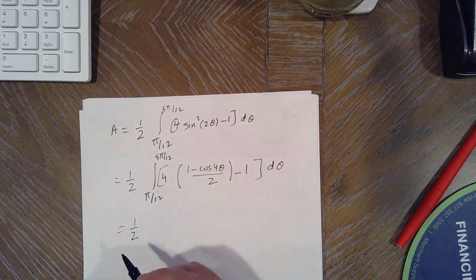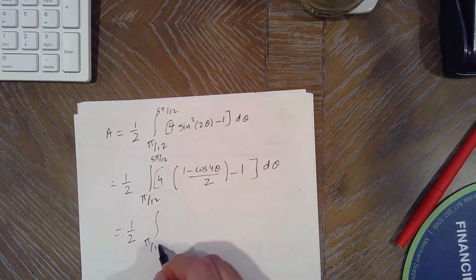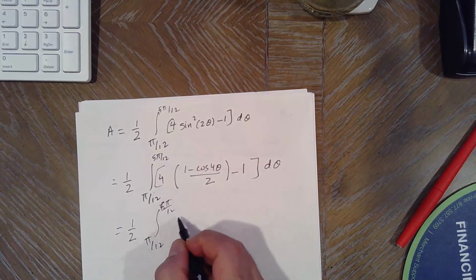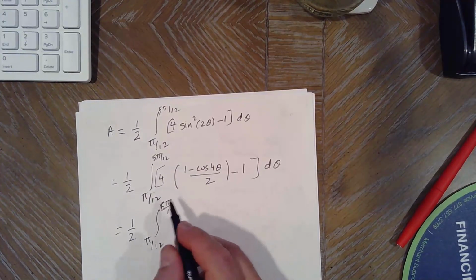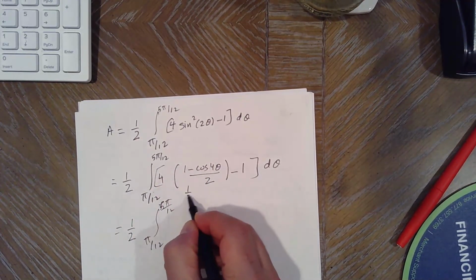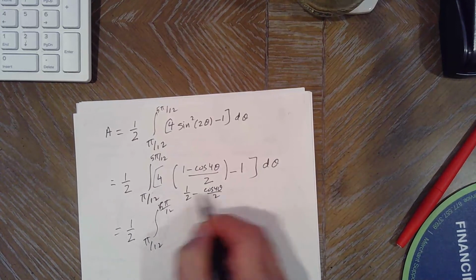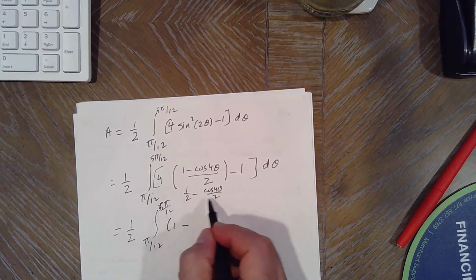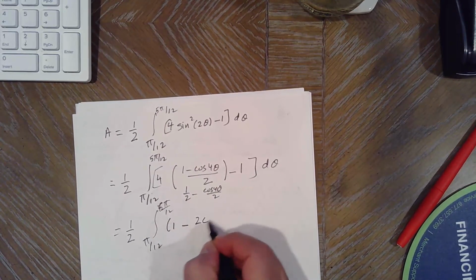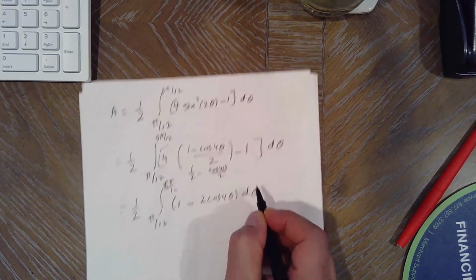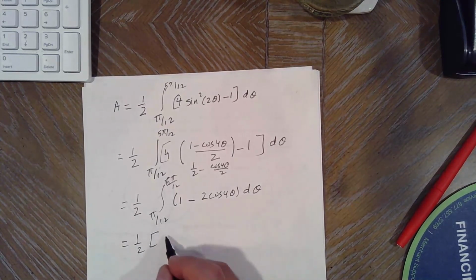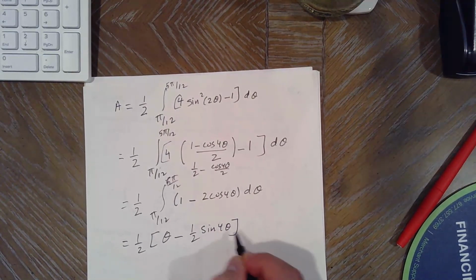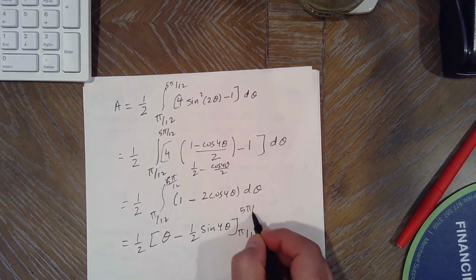So it's 1/2 integral pi over 12 to 5 pi over 12 of 4 times 1/2 minus cosine 4 theta over 2. 4 times 1/2 is 2, 2 minus 1 is 1, and then minus 4 times cosine over 2 is 2 cosine 4 theta d theta. So it's 1/2 times the integral of 1 d theta, which is theta, minus 2 over 4, or 1/2, sine 4 theta, from pi over 12 to 5 pi over 12.